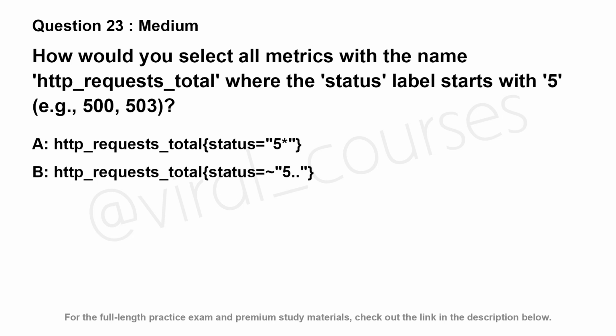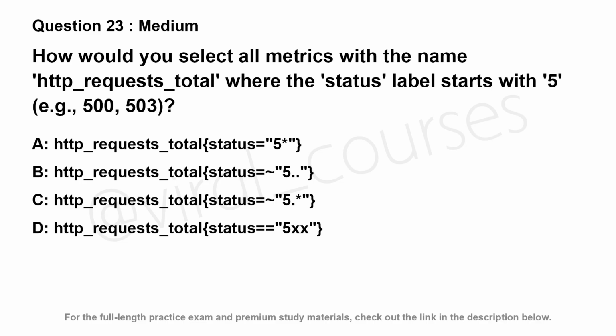Option B, http_requests_total{status=~"5"}. Option C, http_requests_total{status=~"5.*"}. Option D, http_requests_total{status="5xx"}.